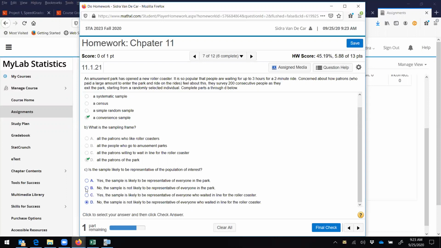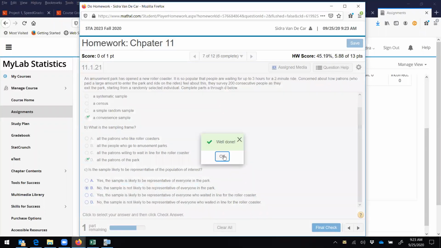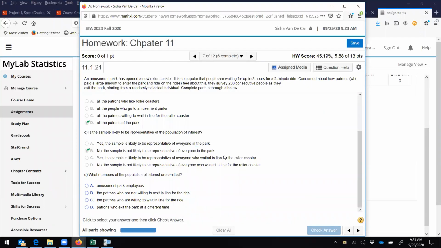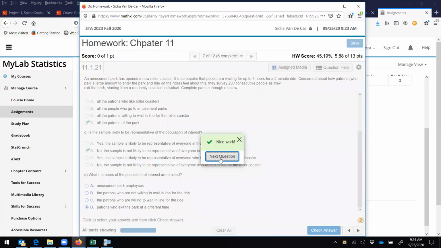So I guess more generally, we can say not representative of everyone in the park. What members of the population of interest are omitted? Patrons who exit the park at a different time, right? Because we sampled everybody at one time.